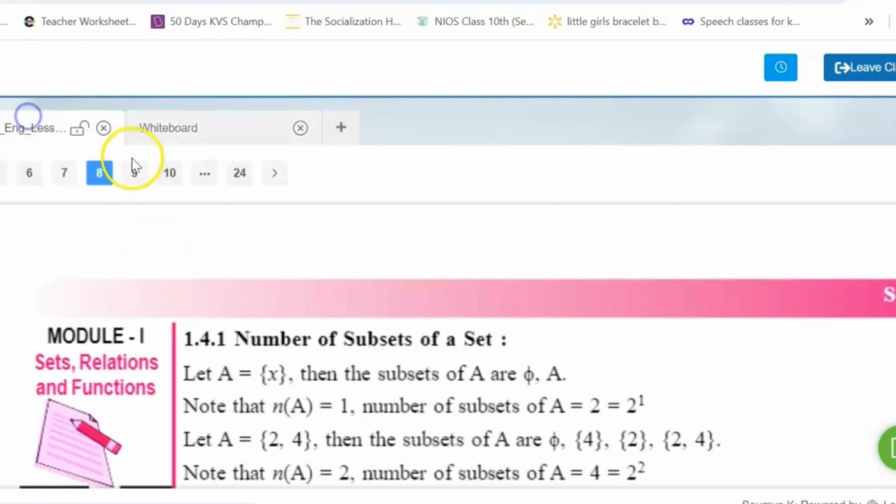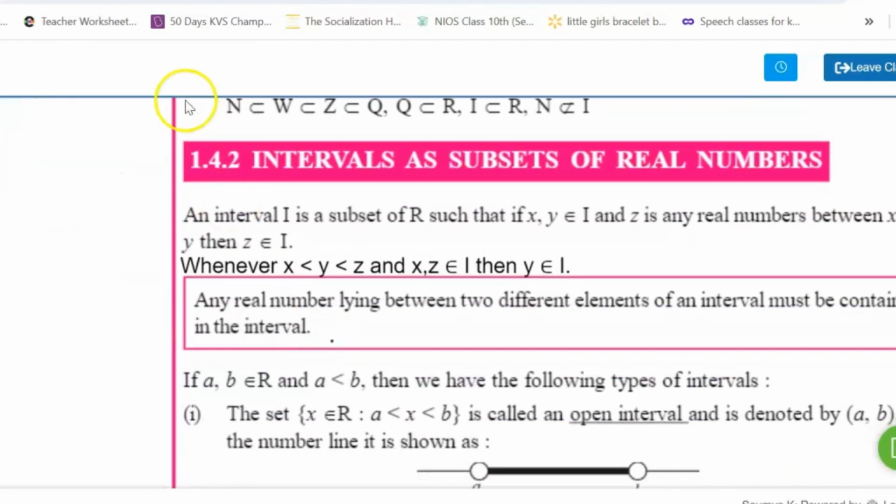So we are going to start with the topic 1.4.2 from the chapter Sets, interval as subsets of real numbers. So what is an interval?